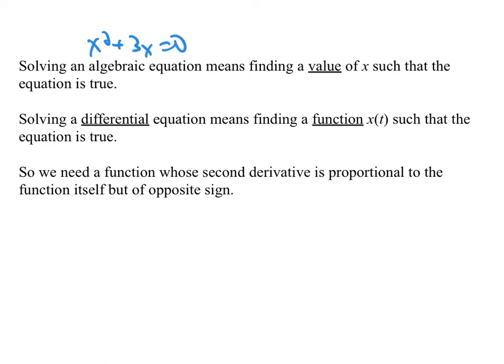Solving an algebraic equation means finding a value of x such that the equation is true. Of course, there could be multiple values, so finding all the values of x such that it's true. Solving a differential equation means finding a function such that the equation is true, or really all such functions.